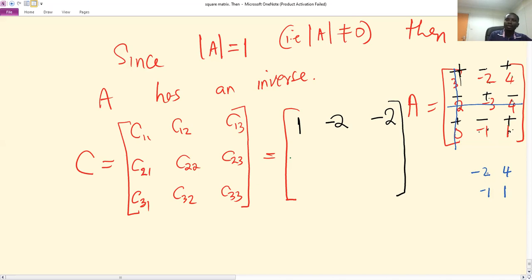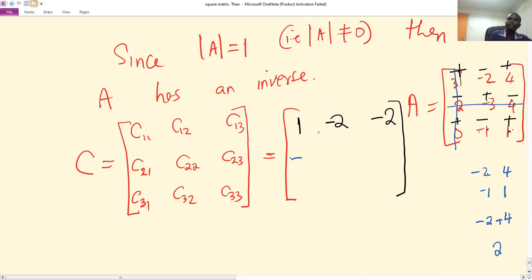So I'll have minus 2 times 1, I have minus 2, minus minus is plus, so 4. So this will give me positive 2, but the sign here is minus, so I'll have minus 2.